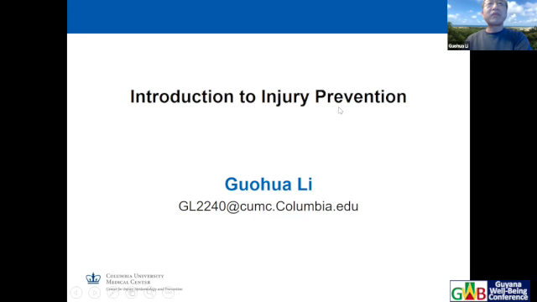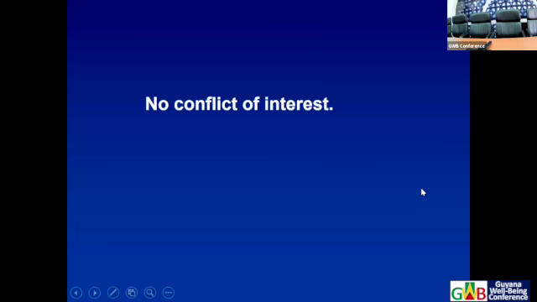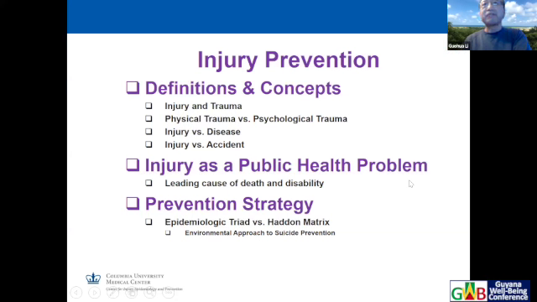I'm going to give an introduction to injury prevention, which has been my focus in the past 30 years. I don't have any conflict of interest to disclose. This is what I'm going to cover.